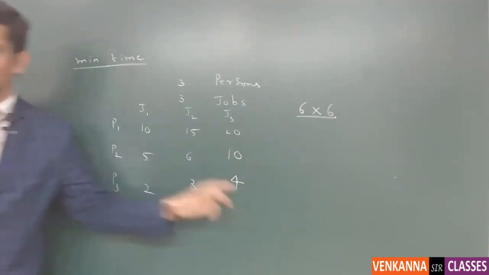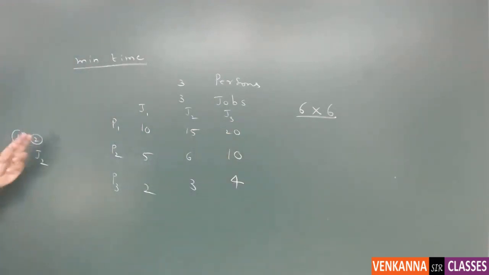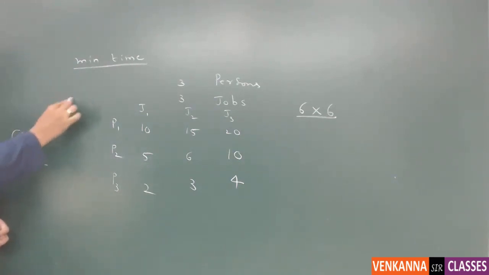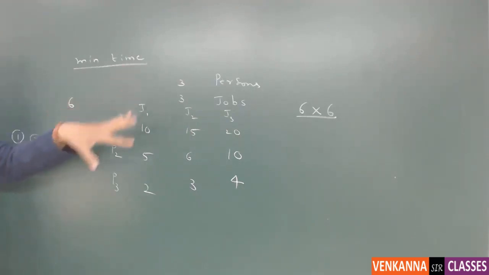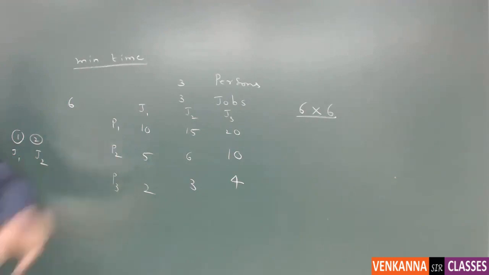I am checking each and every possible case. So for 3 you have 3 factorial, that is 6. For a 6 by 6 matrix, you will have 6 factorial, because you are considering all possible choices. It is just like a permutation.